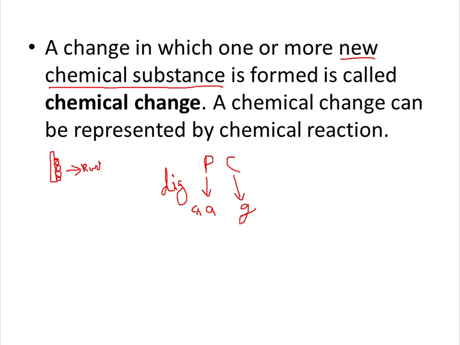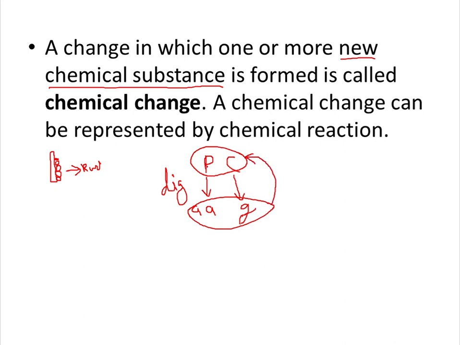Protein is converted into amino acid and carbohydrate is converted into glucose. So this is digestion process. Now these things get converted into proteins and carbohydrate inside our body. Once it is digested, it is again converted into different proteins.